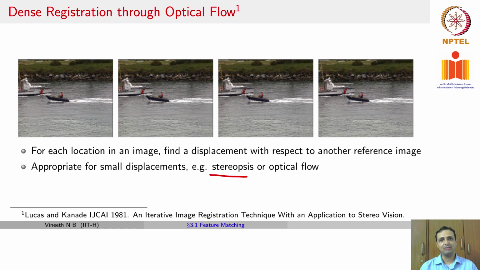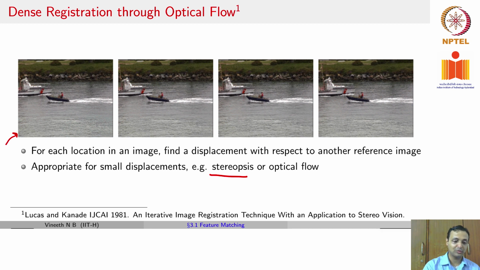If you've tried this yourself, you will notice that if you move your hand very fast, you will get an error message to repeat and move your hand very slowly to get a panorama from the app on your cell phone. So in these kinds of cases, the displacement of the scene between successive images is very little. In these settings, you can use a method called dense registration through optical flow.